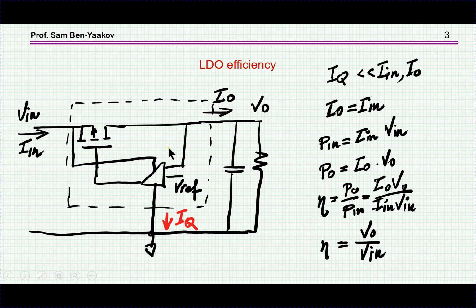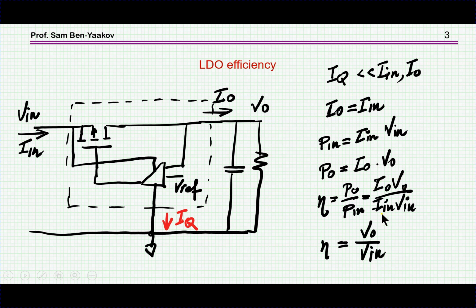So what is the efficiency of this unit? Assuming that the current of the amplifier is low as compared to I in and I out, then I in is equal to I out, and then P in is I in times V in, and I out times V out is P out, and therefore the efficiency is P out over P in.